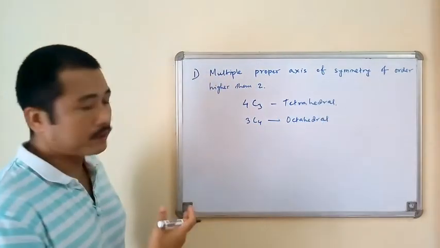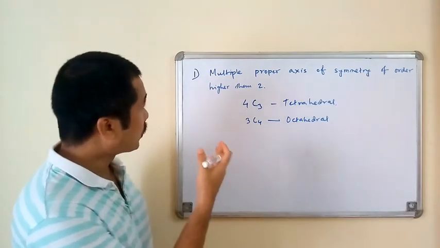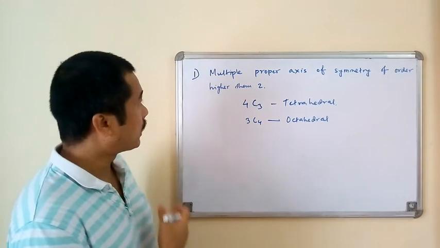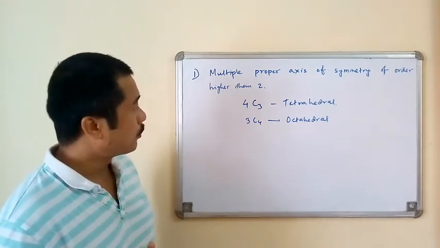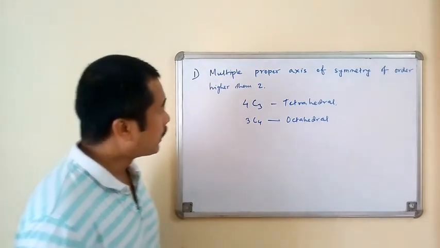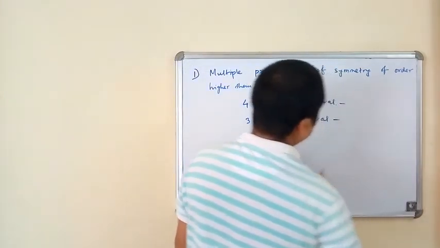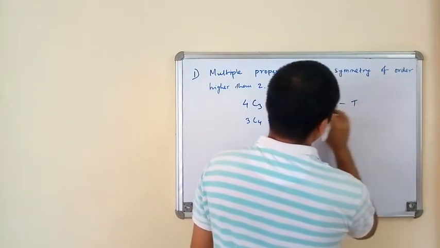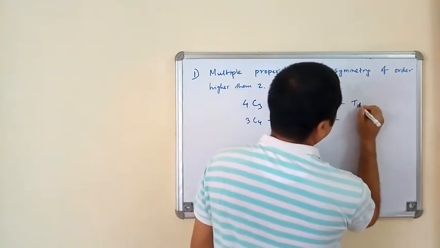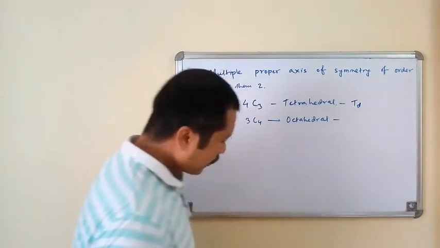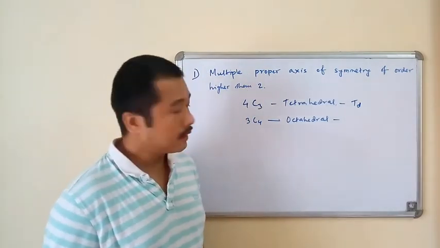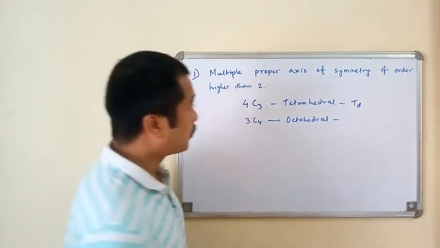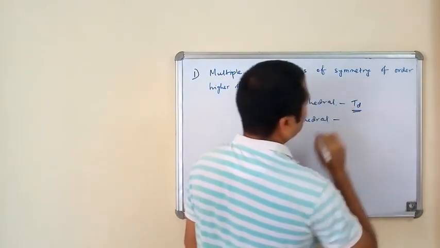So such molecules which are highly symmetric in nature and contain more than one proper axis of symmetry of higher order, that is higher than 2, will belong to this category. And the point group symbols are very special in these cases. So for tetrahedral, there are 24 symmetry operations, and these 24 symmetry operations together form a mathematical group which we designate as TD point group.